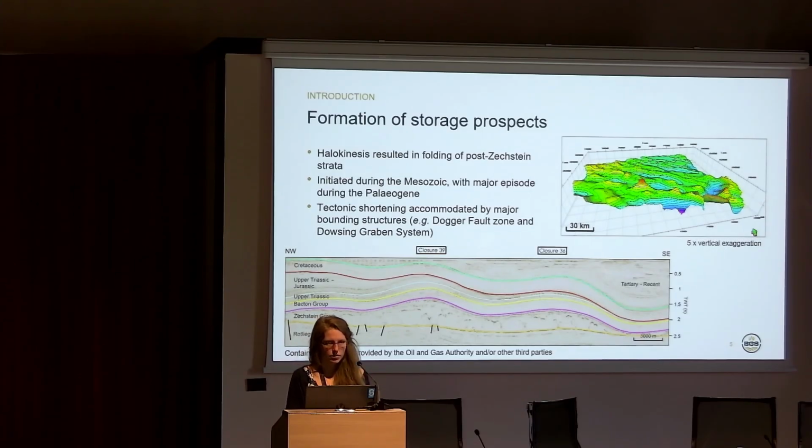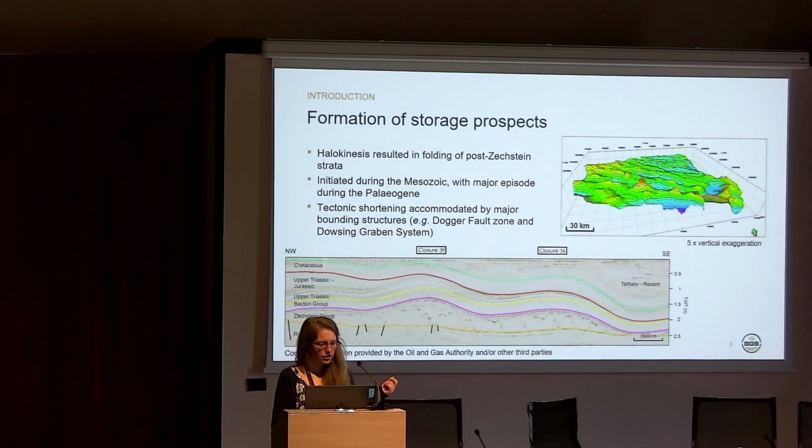So halokinesis, or salt movement, occurred during the Mesozoic in response to tectonic activity, which resulted in some folding of the overlying strata. So the salt is the Zechstein Group below the pink.